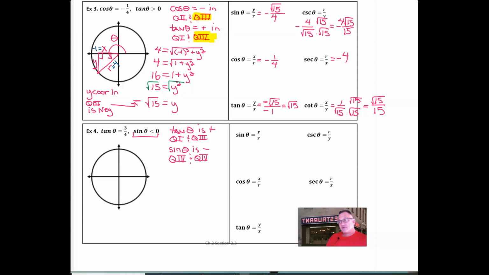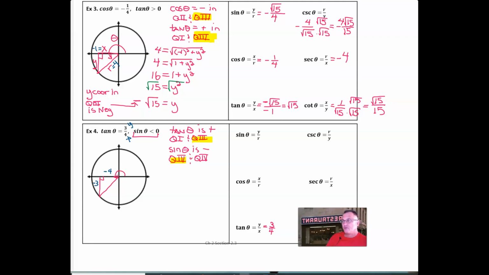So what they have in common again is quadrant 3. So I'm going to draw a picture just like example 3. All right, so if tangent is 3 over 4, then I know y is 3, x is 4. Keep in mind, I'm in quadrant 3. So the x-coordinate is negative in quadrant 3, and the y-coordinate's negative. And a negative divided by negative makes it a positive.